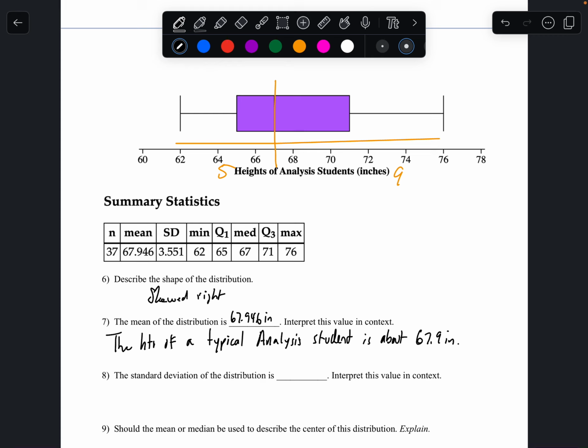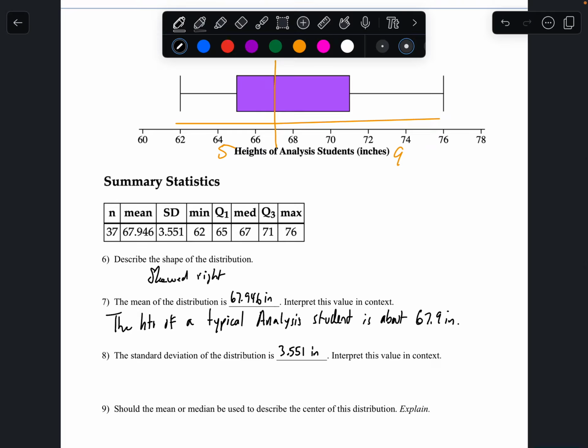Standard deviation, I can tell that there in the summary statistics. That's 3.551 inches. Interpret this value in context. So standard deviation tells us how far a typical value is from the mean.